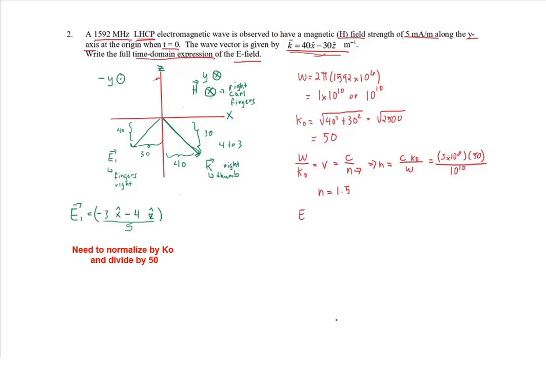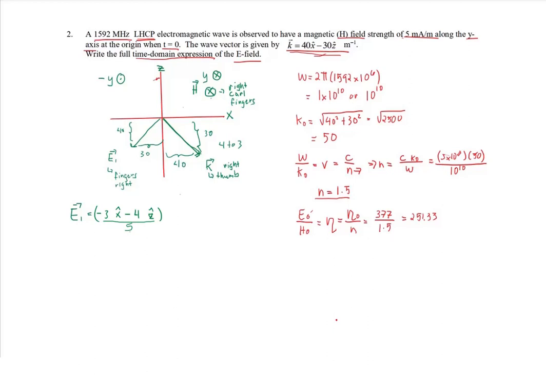For this relationship, E naught over H naught equals eta, and eta is equal to eta naught divided by n. Since we have our n here, we could easily solve for that. So that's going to be 377 divided by 1.5, which comes out to 251.33. Now we're going to solve for E naught, because we need the magnitude for E1.